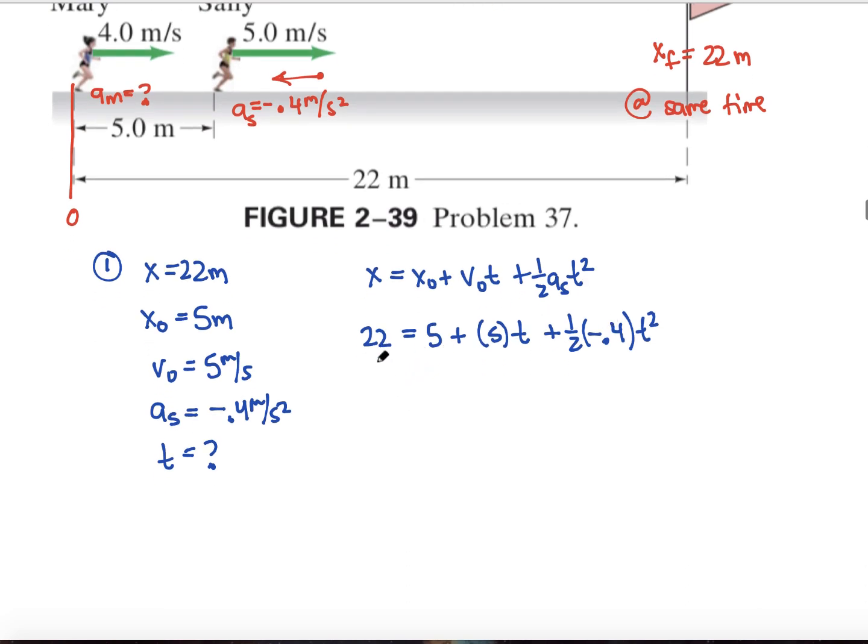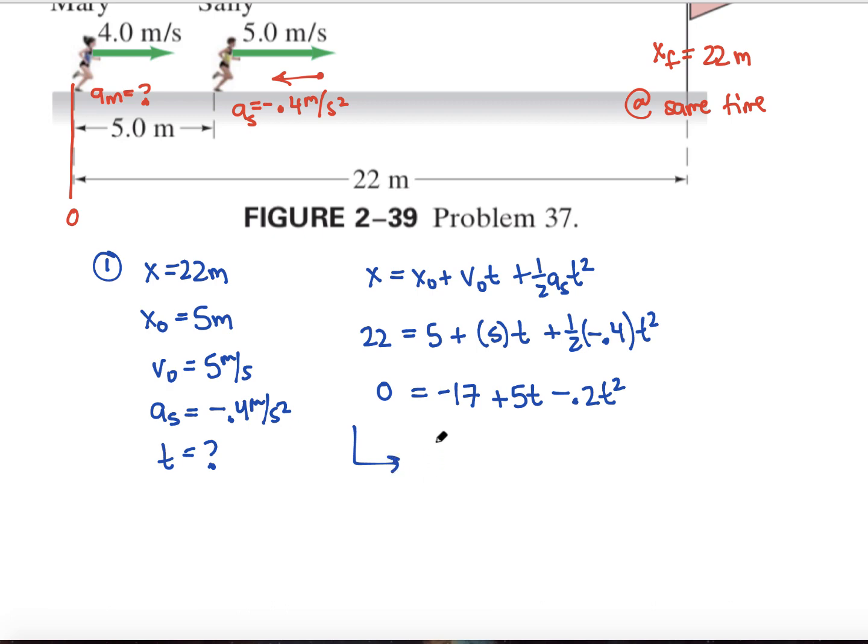So cleaning this up a little bit into something that I can solve, I need to actually set it up as a quadratic equation. So I'm going to have negative 17 plus 5t minus 0.2 t squared. Uh-oh, there's no easy way to factor this. So unfortunately, there's only 2 ways to do this.